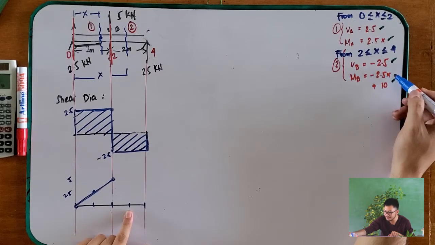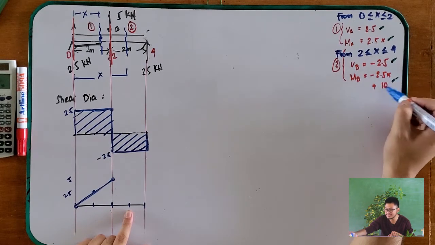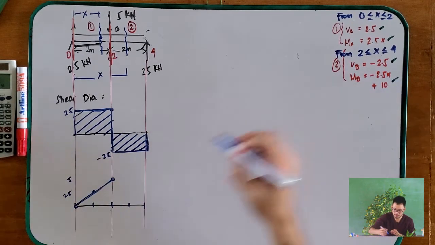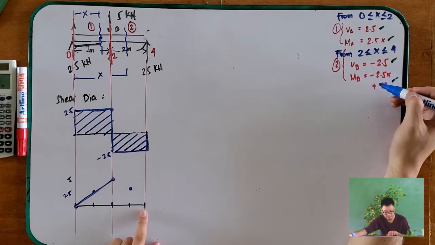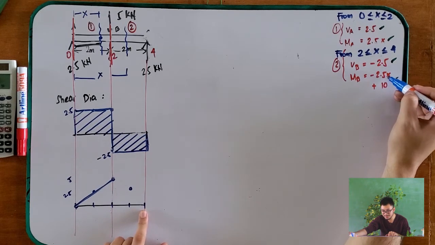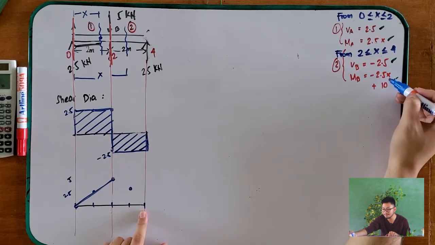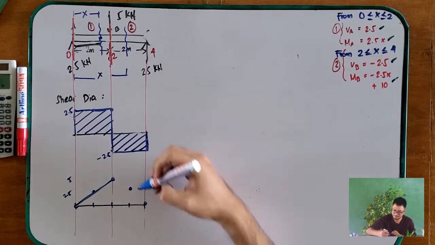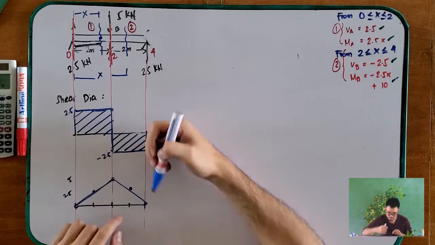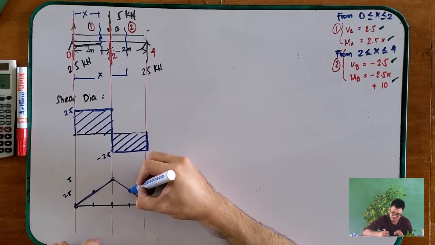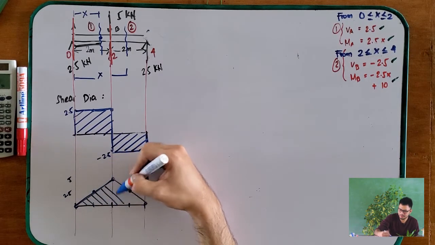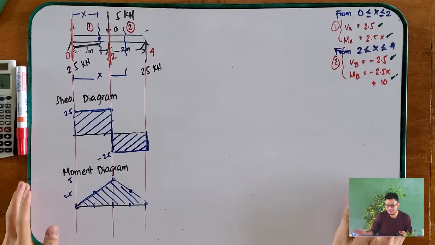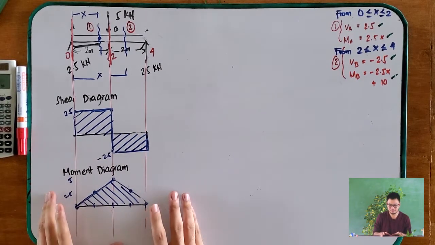Negative 2.5 times 3 is equal to negative 7.5. Negative 7.5 plus 10, that is 2.5. And how about 4? 2.5 times 4 is 10. So negative 10 plus 10, that is 0. Linear, and this is your moment diagram.